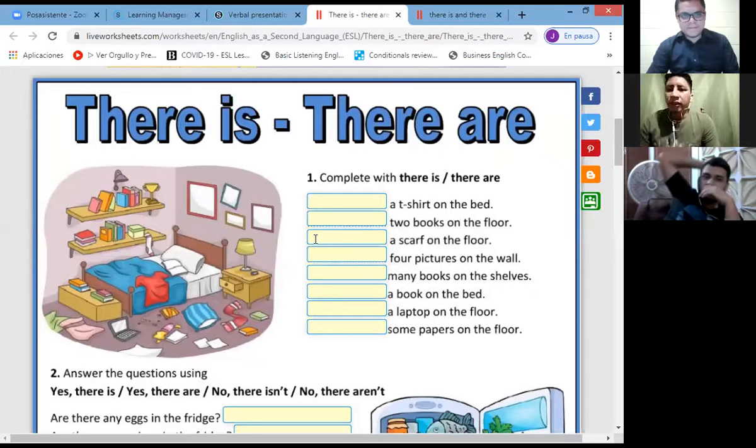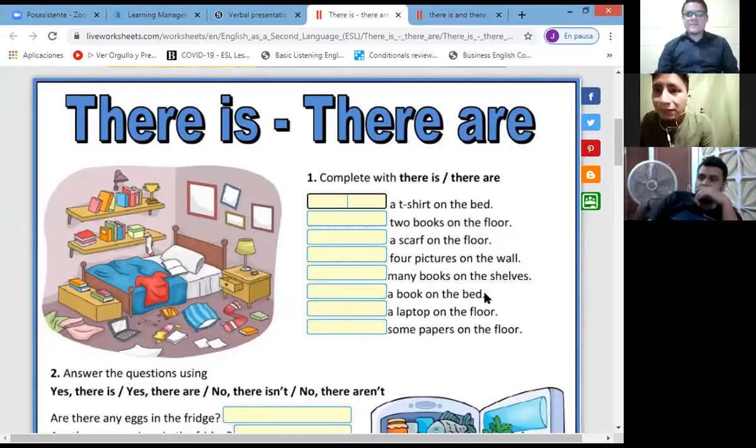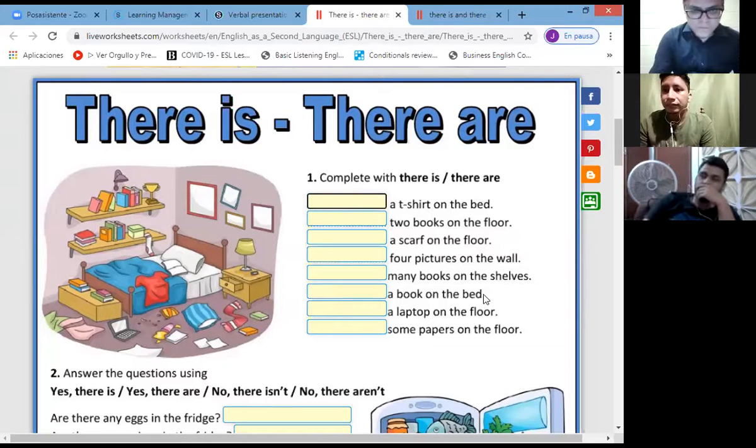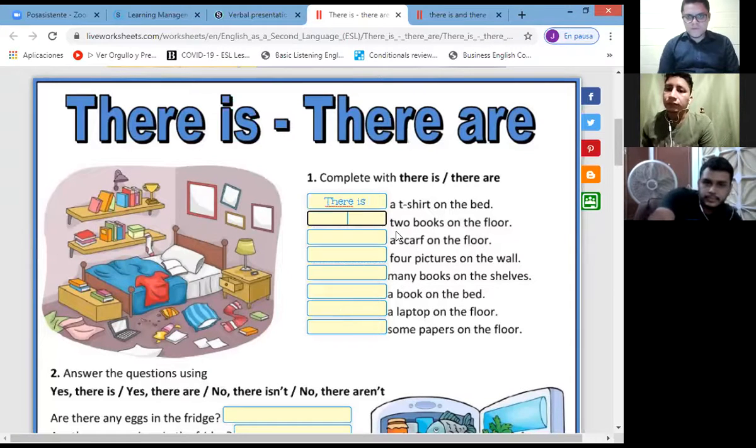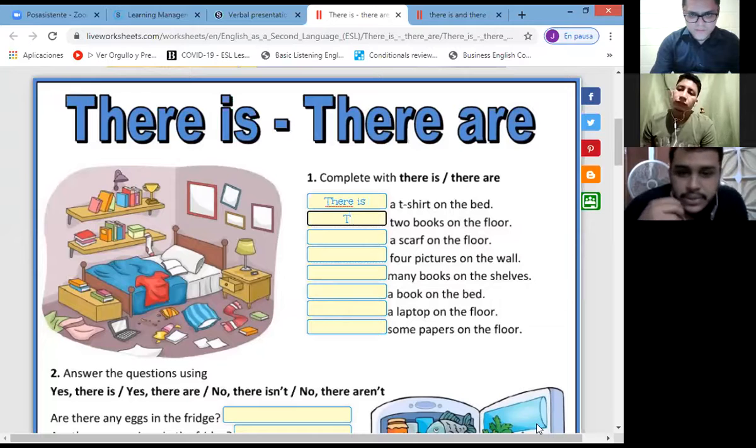There is and there are. Kevin, please start with the first one. There is or there are? There is. There is a t-shirt on the bed. Okay, continue. There are 2 books on the floor.